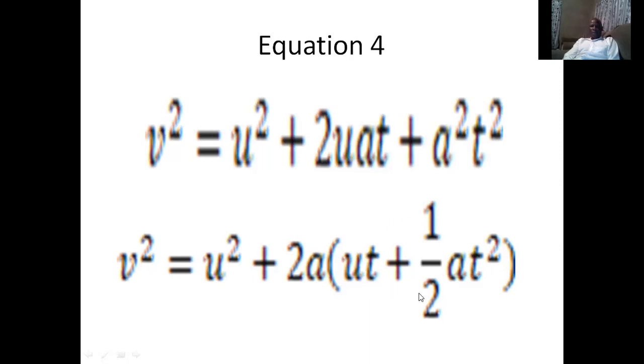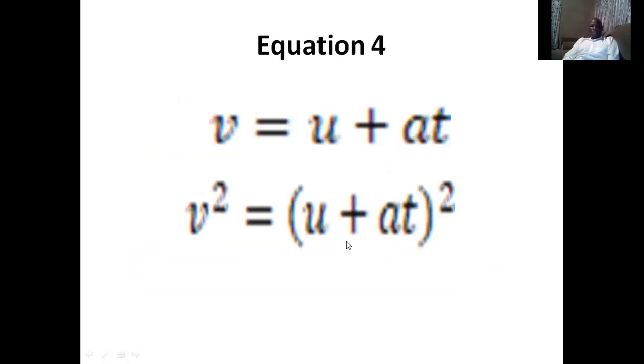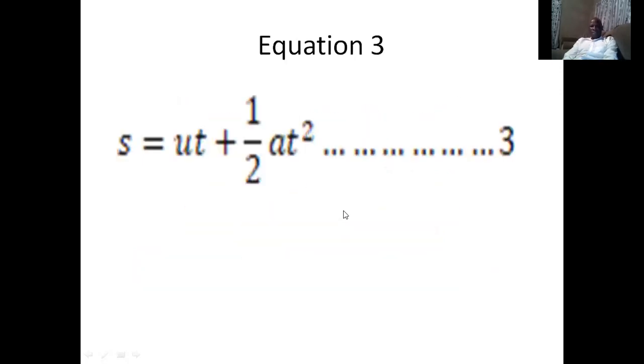And remember, this expression is the same as the one we found here.